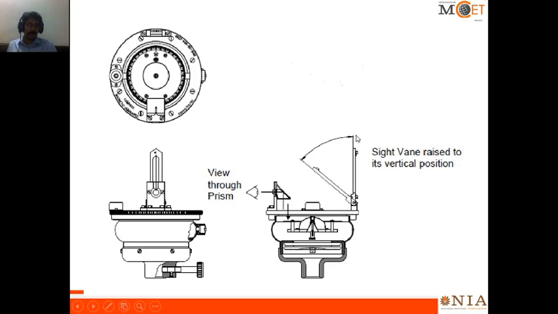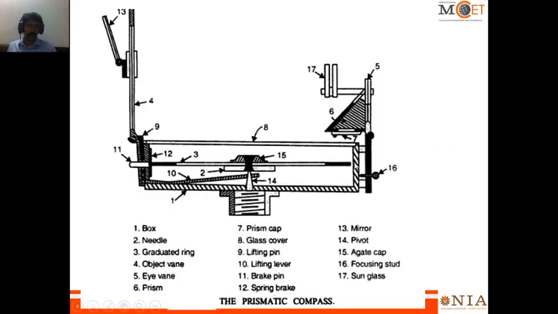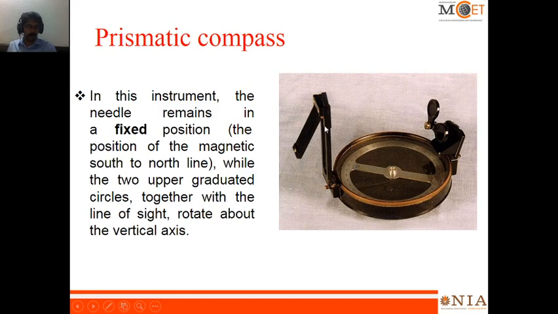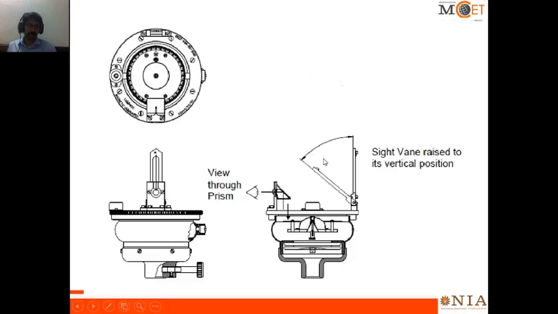But the side vane is raised from here to here, and there will be a thread. You can see here there will be a small thread. If the groove, the thread and the object, that is a ranging rod or whatever it is, are in a straight line, and the north will be somewhere else, the angle or the bearing with respect to the north of the particular line can be seen through this prism.